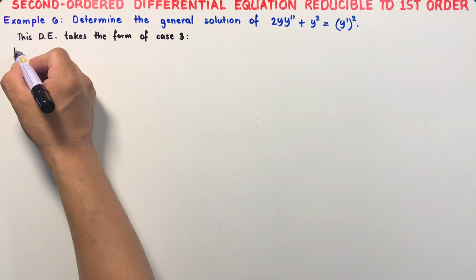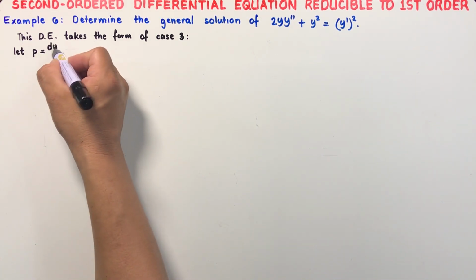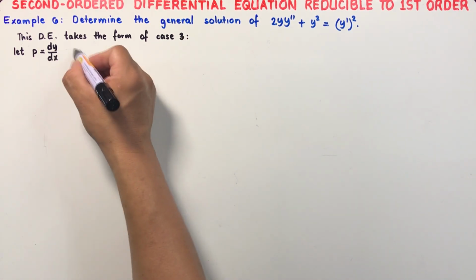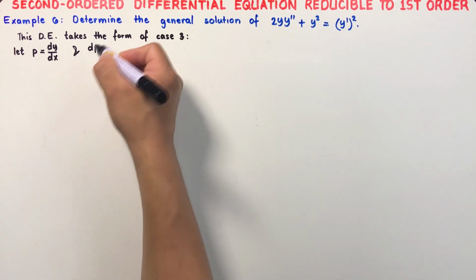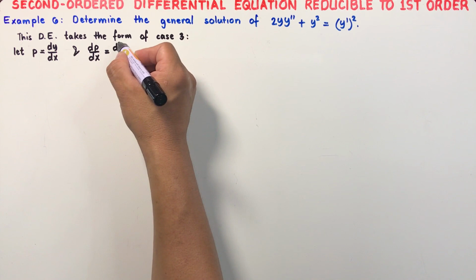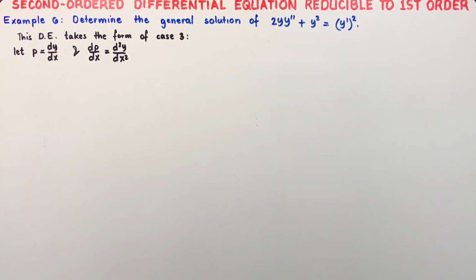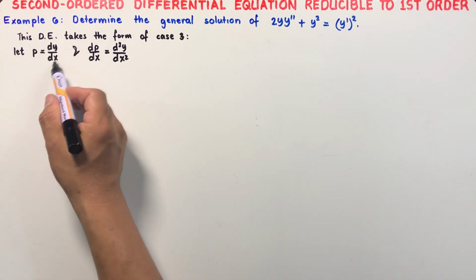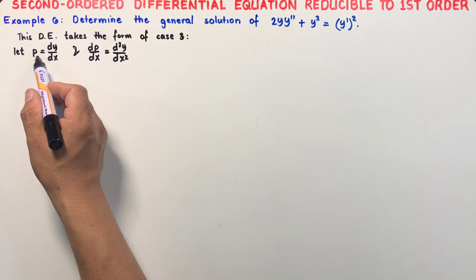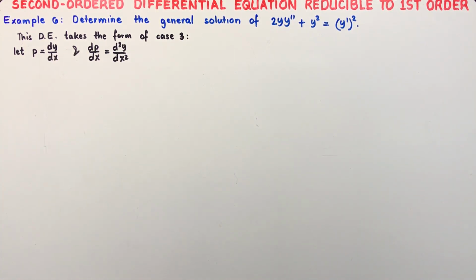So we let p be our derivative of y with respect to x, and taking also the derivative of p with respect to x is our second derivative of y with respect to x, because here we treat the first derivative as a variable, and when we differentiate this variable, that is already the second derivative of y with respect to x.